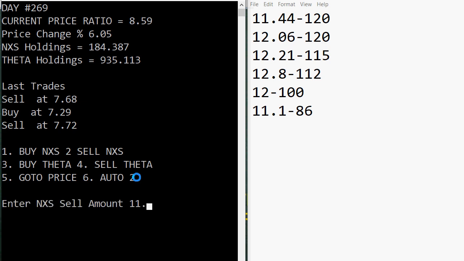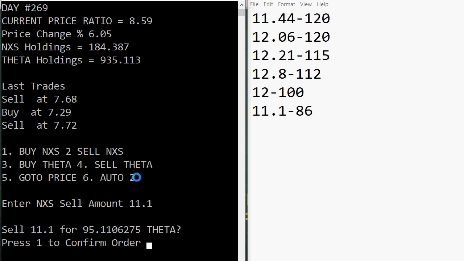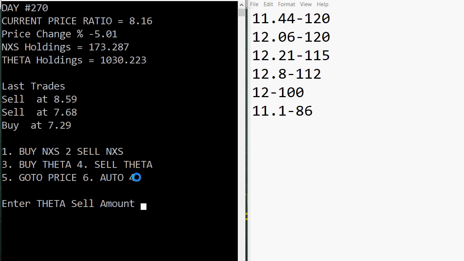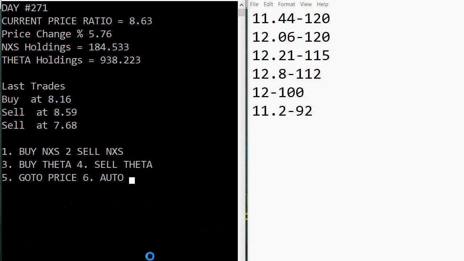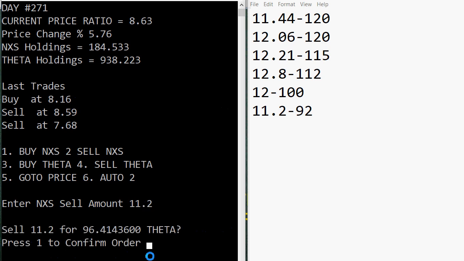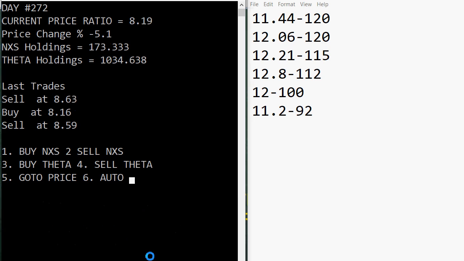Okay, 11.1. These numbers could get a lot higher, like 95. So let's do something a little in between, like 92. Okay, so 11.2. That would get us 96.